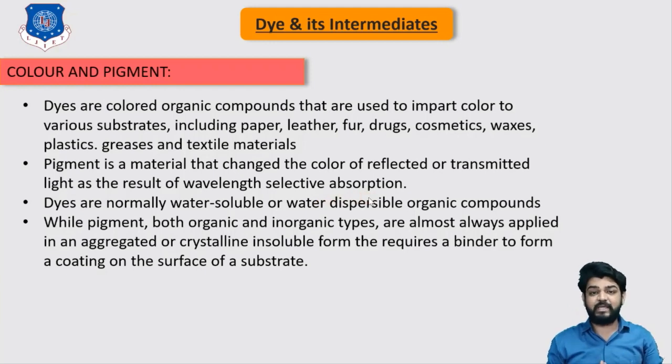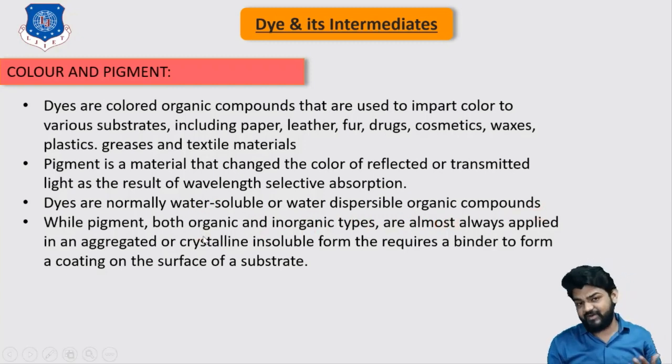So basically these pigments are used to change the color of reflected or transmitted light, right? Which means a pigment absorbs some specific selected wavelengths, by which it can reflect or transmit different colors of light.